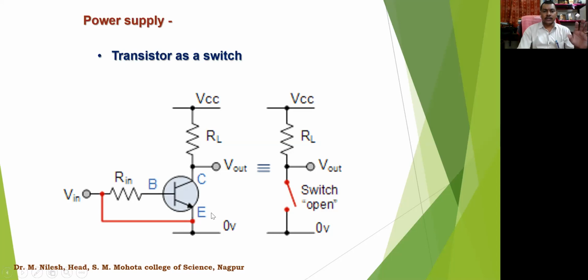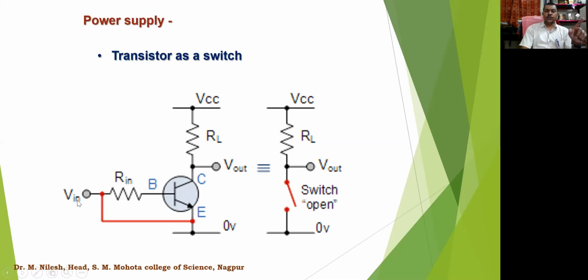What we have studied in transistor as a switch was this: we connect this PNP transistor in common emitter configuration. We have taken the output from the collector, and the input is applied to the base through the series resistance Rin.